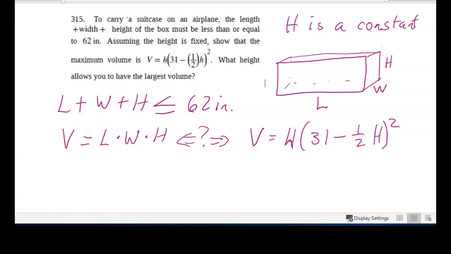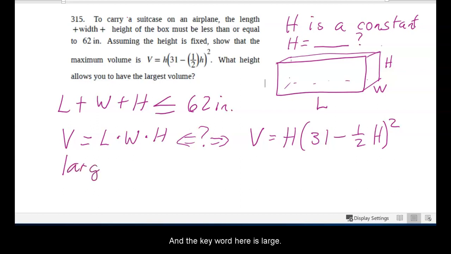Last sentence. This is where they're actually giving me what they're looking for. What height, the height, remember, is a constant. What height allows you, okay, to have, got it, the largest volume? I'm looking for the height, but what I'm trying to optimize is the volume.